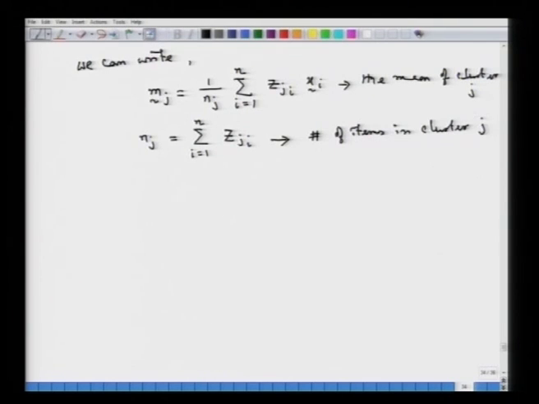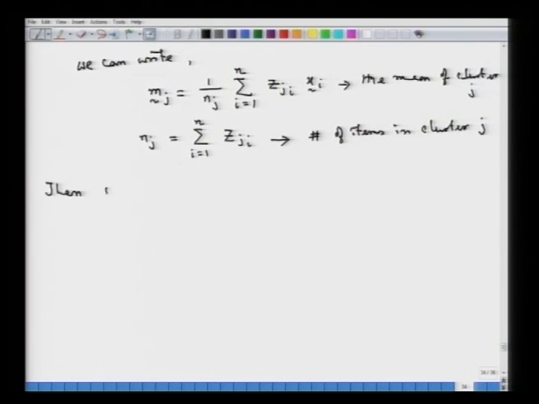This is simple to see, because z j i is equal to 1 if x i belongs to the jth cluster, and if we have n j items among this small n belonging to cluster number j, exactly n j of them among these z j i's for a particular j would be equal to 1, and hence the sum would be equal to n j only. So, these are the two simple quantities.